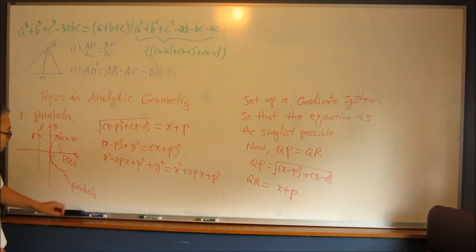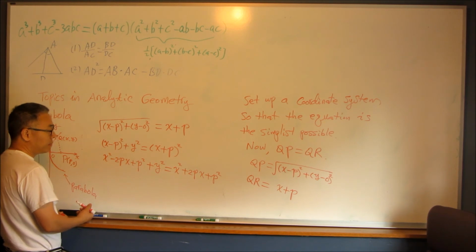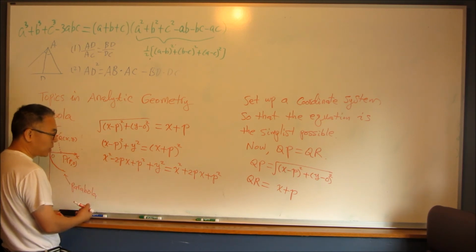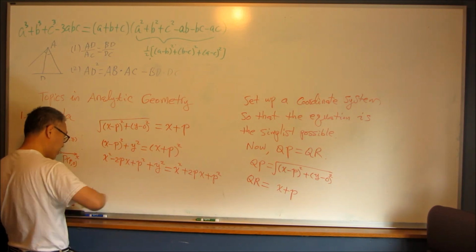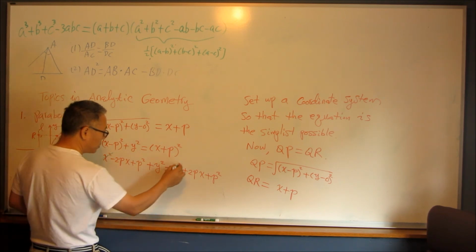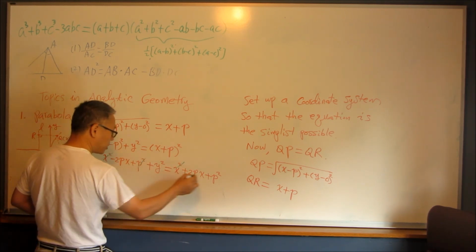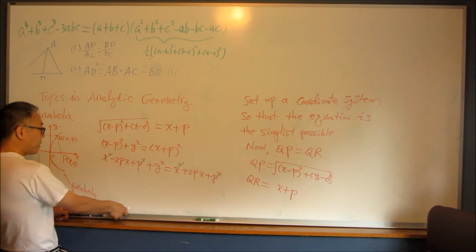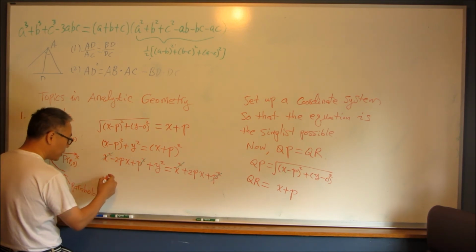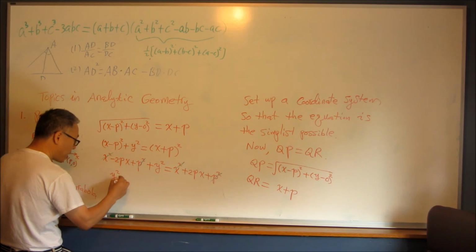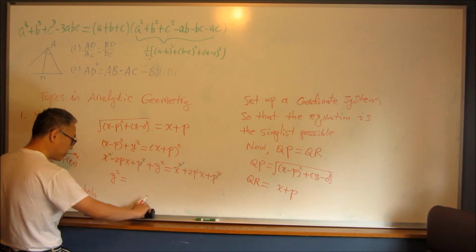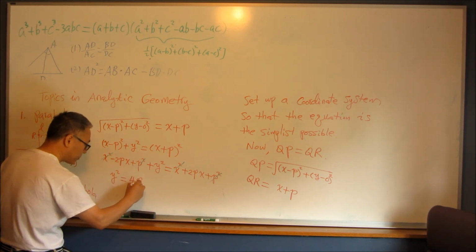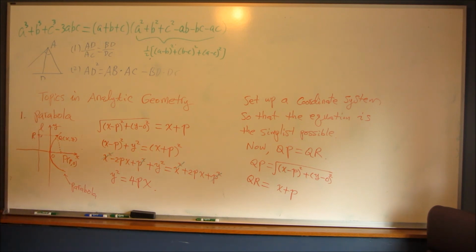We can simplify by canceling common terms from both sides. The x squared terms cancel, the p squared terms cancel, and we collect like terms. So we get y squared equals 4px.